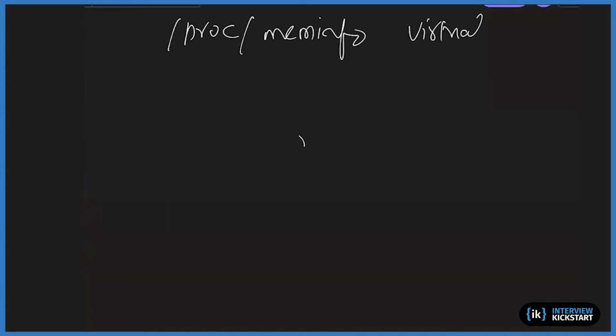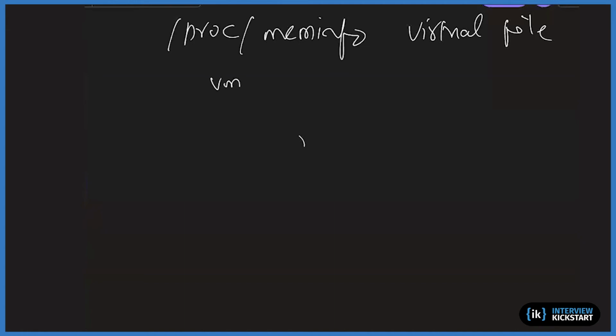You can also run other simple commands periodically. For example, there is something called /proc/meminfo. It's basically a virtual file, so you can see what kind of memory is being used by various processes.